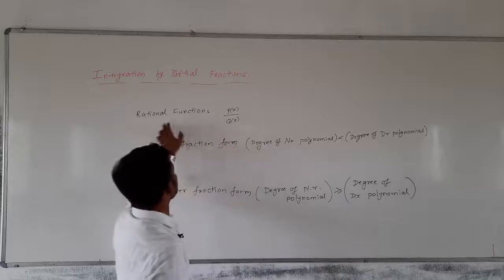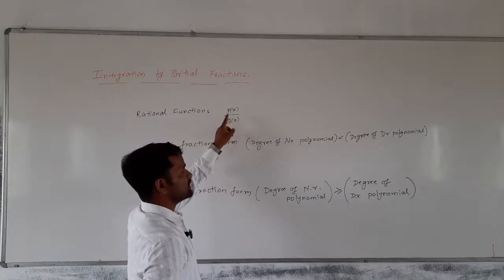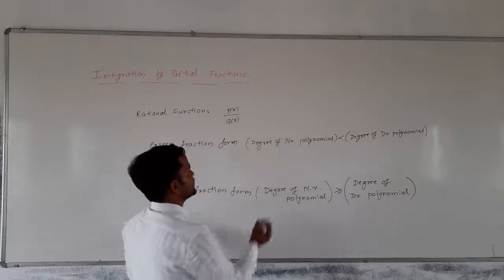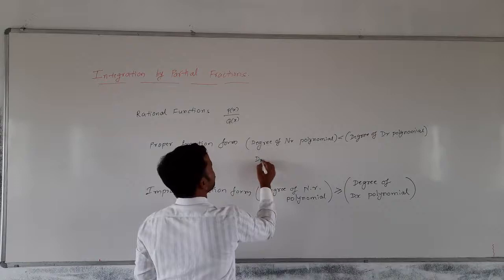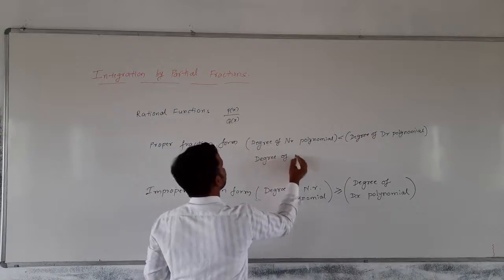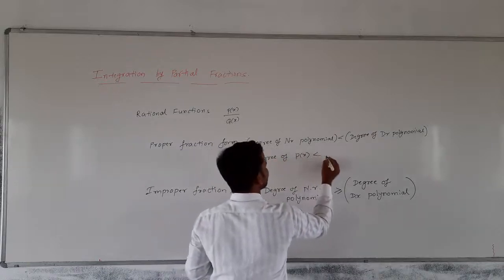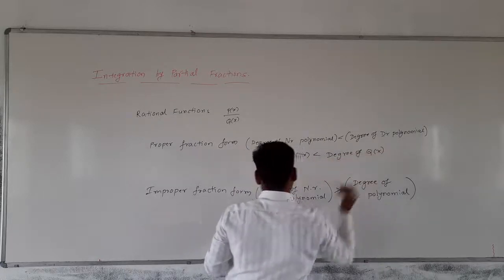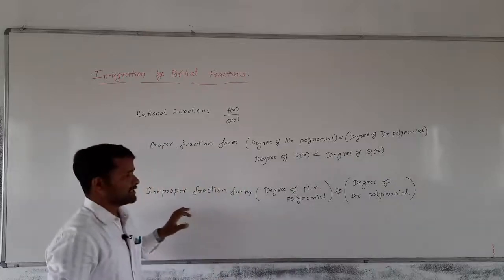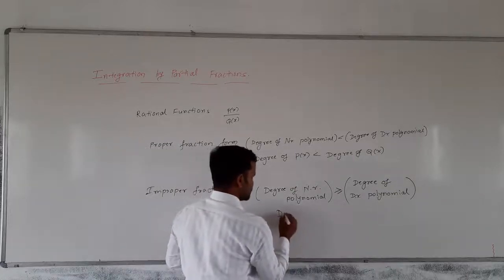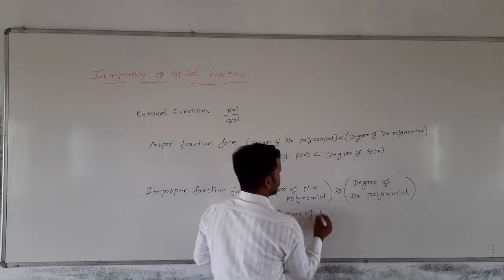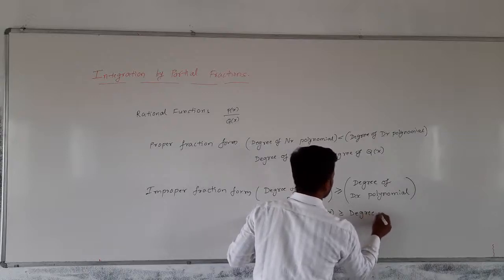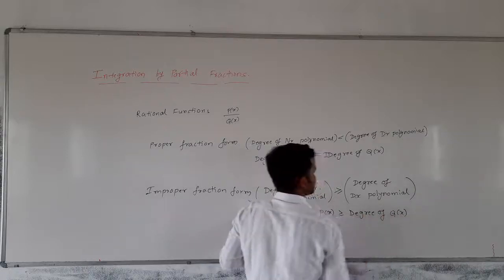In this rational function, p of x is the numerator polynomial and q of x is the denominator polynomial. Here I will write: degree of p of x is less than degree of q of x. In the same way, it is improper fraction form when degree of p of x is greater than or equal to degree of q of x.